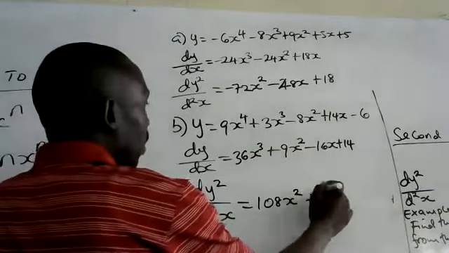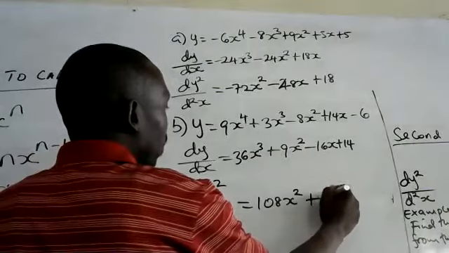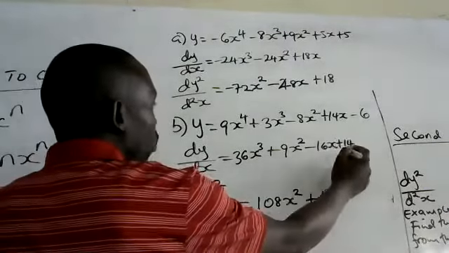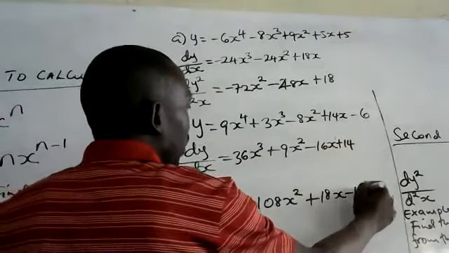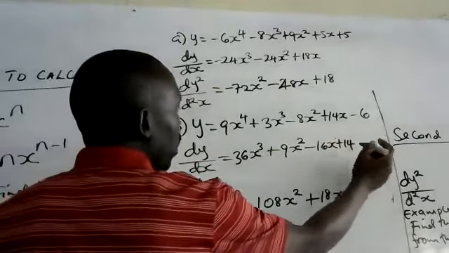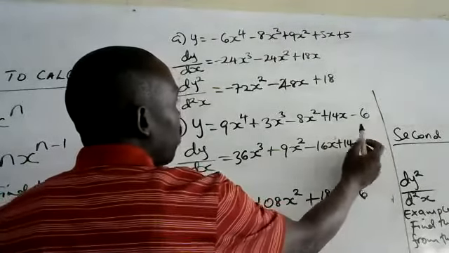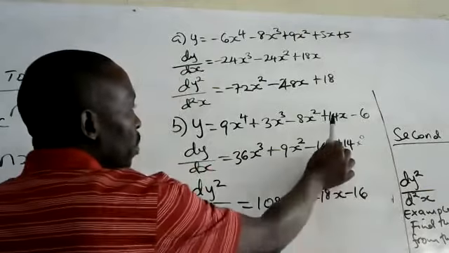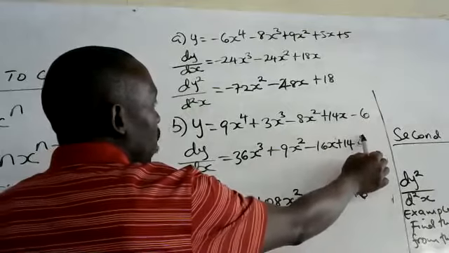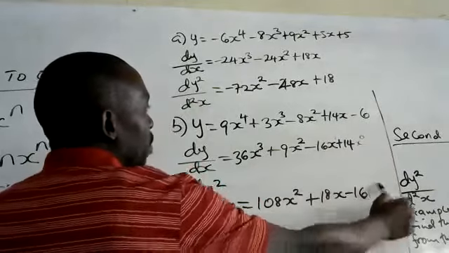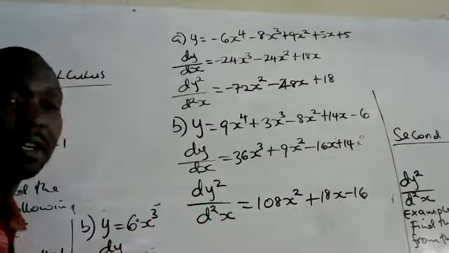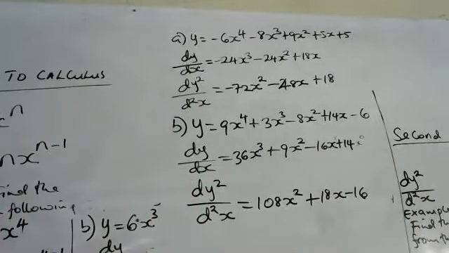Plus 2 times 9, which is 18, x. Remember here there is 1. 1 times 14 becomes 14 in the first derivative, and 1 times 16 becomes negative 16. The same logic: when we have 14, we got it from 14x, where 1 minus 1 became x raised to power 0. This 0 times 14 makes everything 0. And this is now our second derivative.